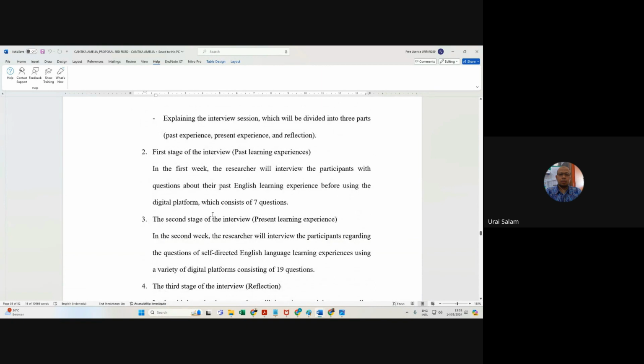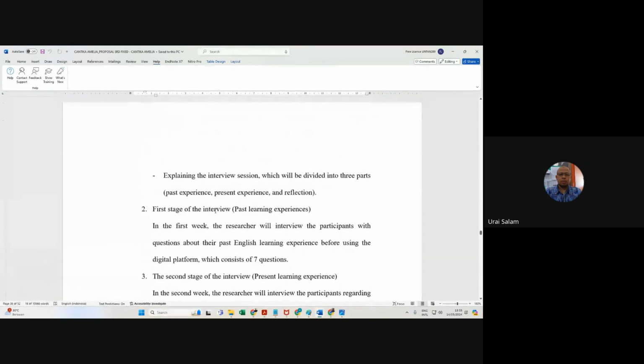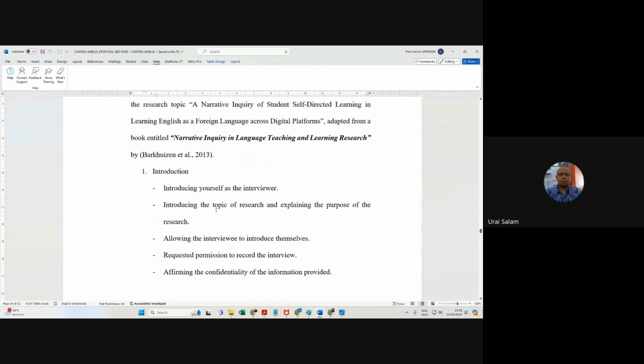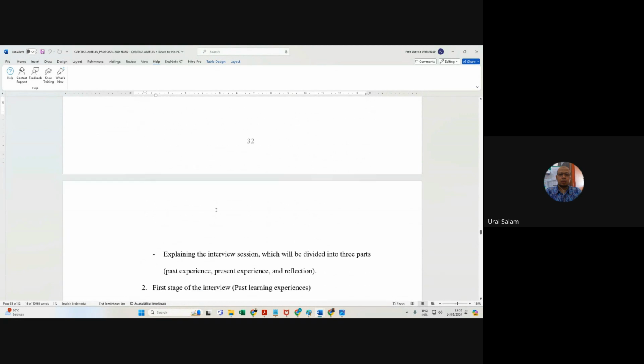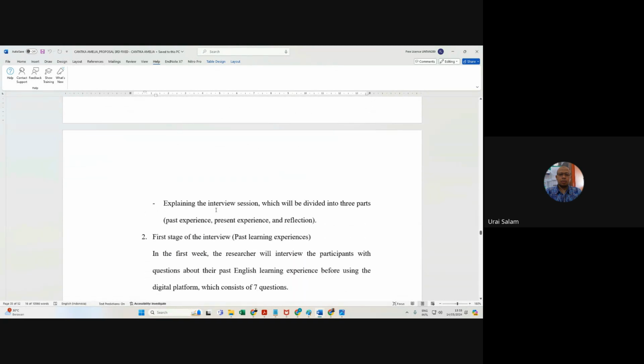Oke, kalau ininya sudah oke ya, introduction. This is the way how you are doing the interview. It is good that you have the introduction, tapi nanti harus ada seperti interview sheet, so then you can prepare.